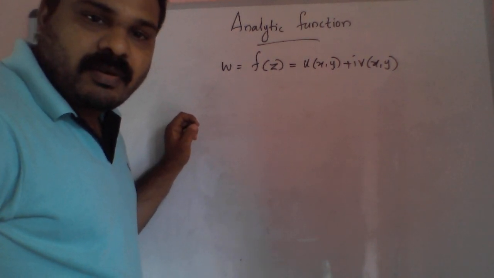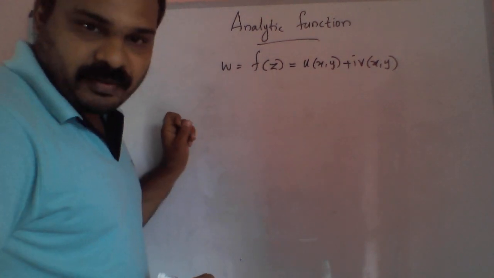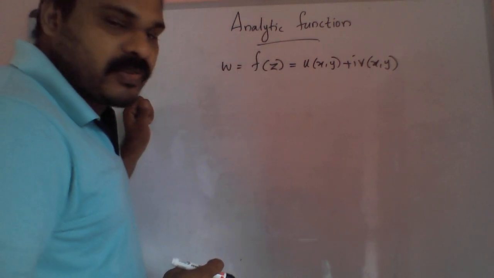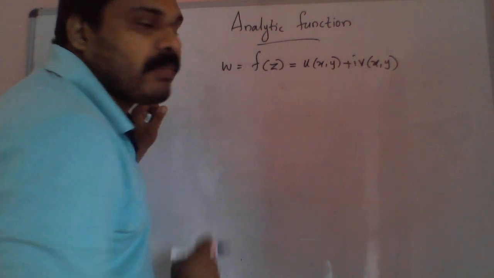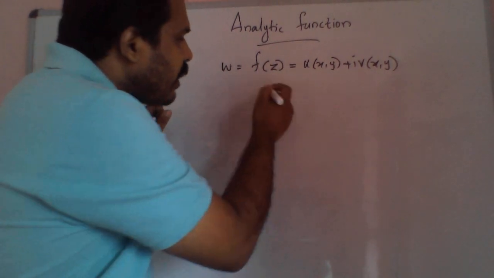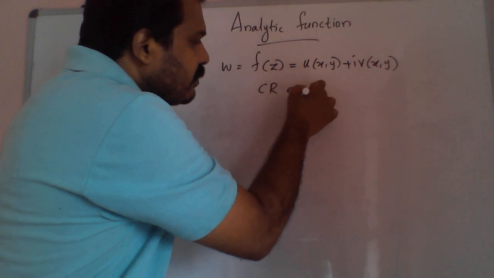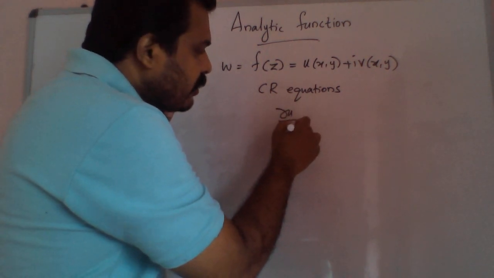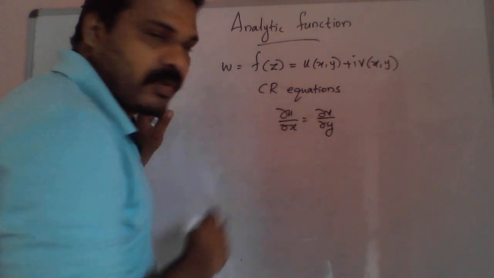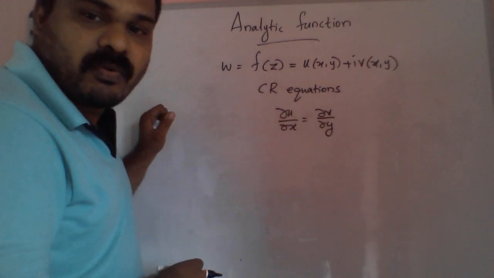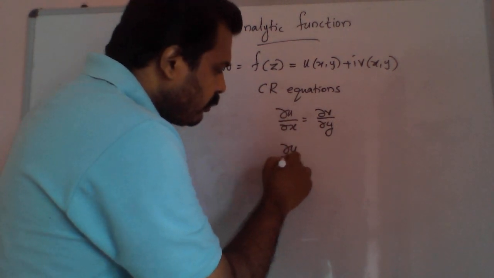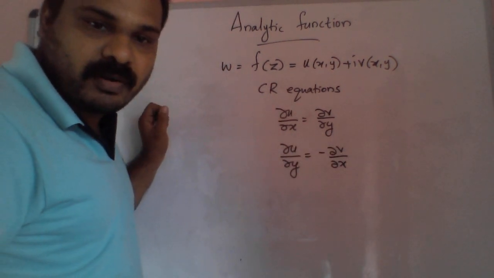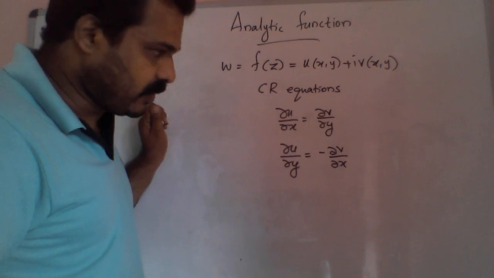The necessary condition for a complex function f of z to be analytic is that the real part and imaginary part, that is u and v, satisfy the CR equations, that is, the Cauchy-Riemann equations: dou u by dou x is equal to dou v by dou y, and dou u by dou y is equal to minus dou v by dou x.